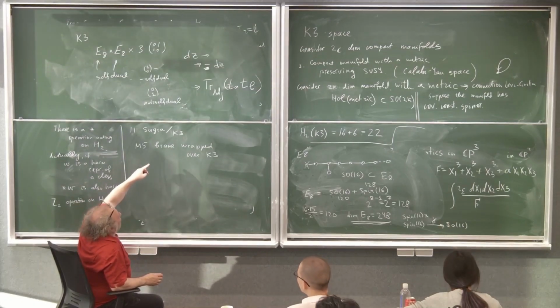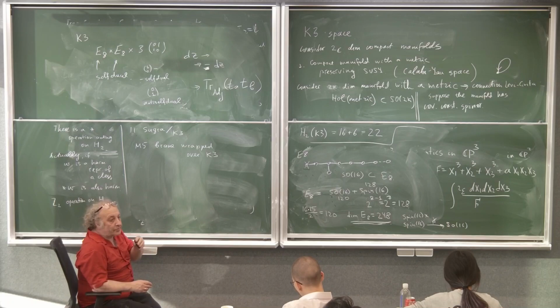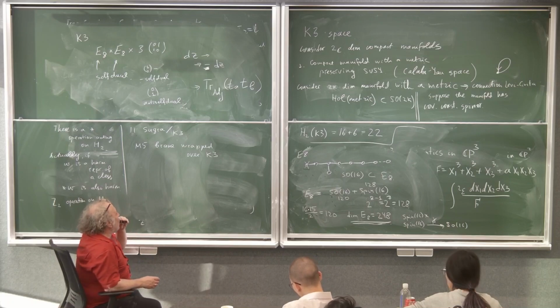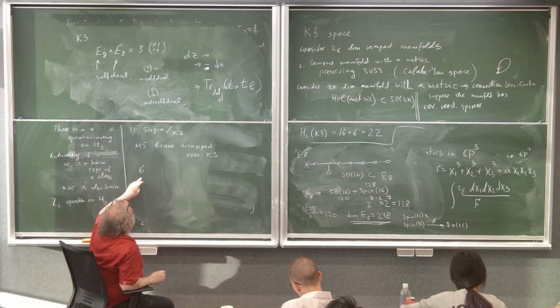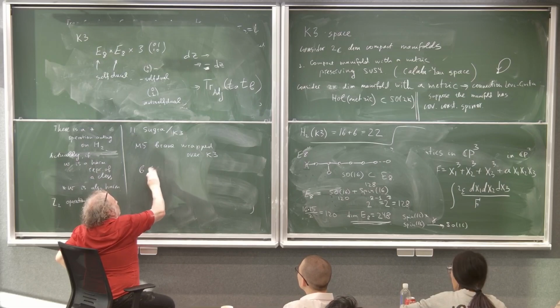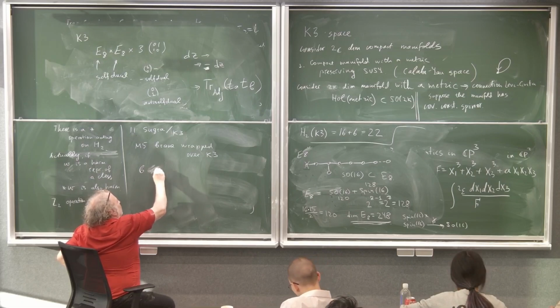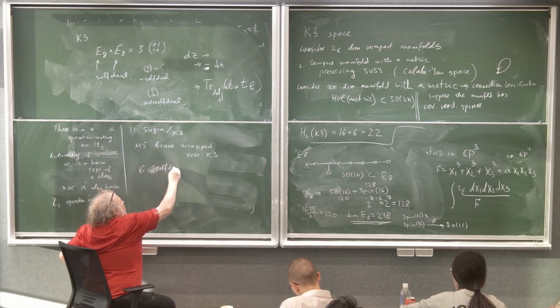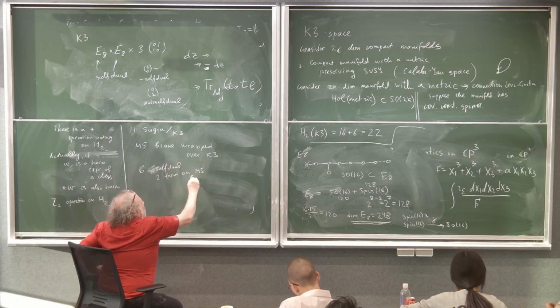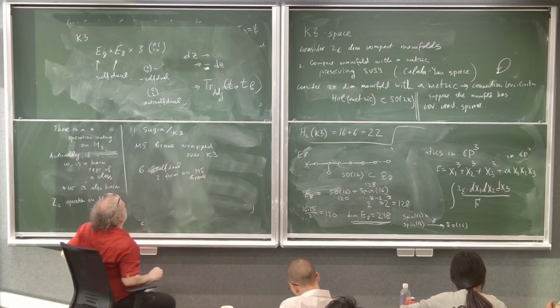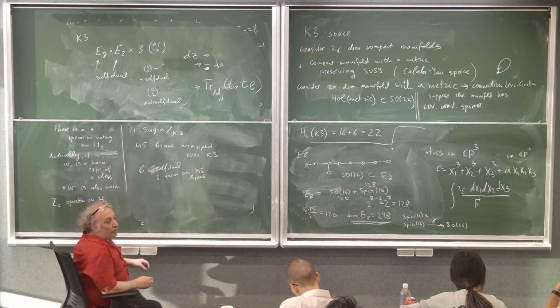Now the M5 brane is wrapped over K3. And let me take a B field, B2, it is a self-dual two-form on the M5 brane. And then I wrap it over K3.